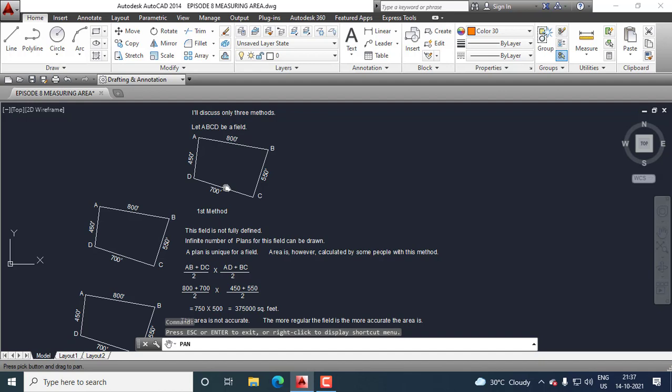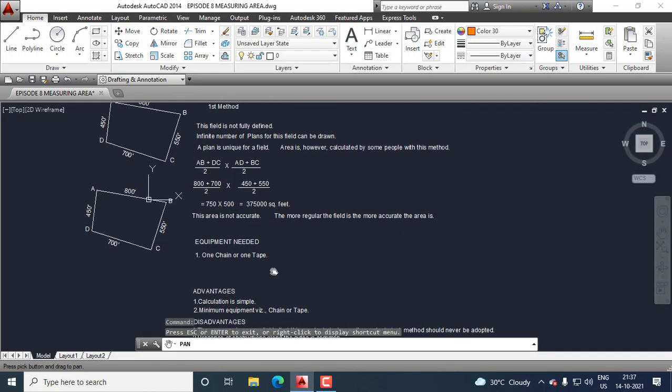For example, AB plus DC by 2 into 450 plus 550 by 2, that is 800 plus 700 by 2 into 450 plus 550 by 2. So 800 plus 700 is 1500, 1500 by 2 is 750, 450 plus 550 is 1000, 1000 by 2 is 500.